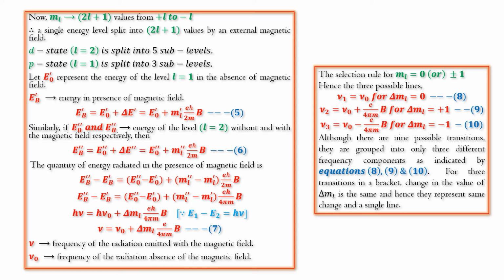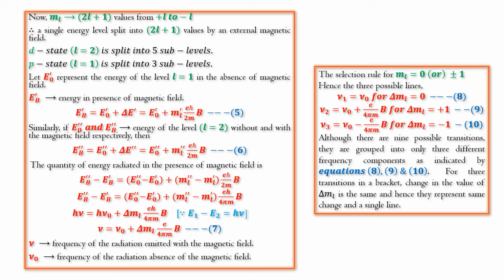Now we go to the selection rule for ML, del ML equal to 0 or plus or minus 1. Hence three possible lines occur. First, nu 1 equal to nu naught for del ml equal to 0, equation number 8. Then nu 2 equal to nu naught plus e by 4 pi m capital B for del ml equal to plus 1, equation 9.